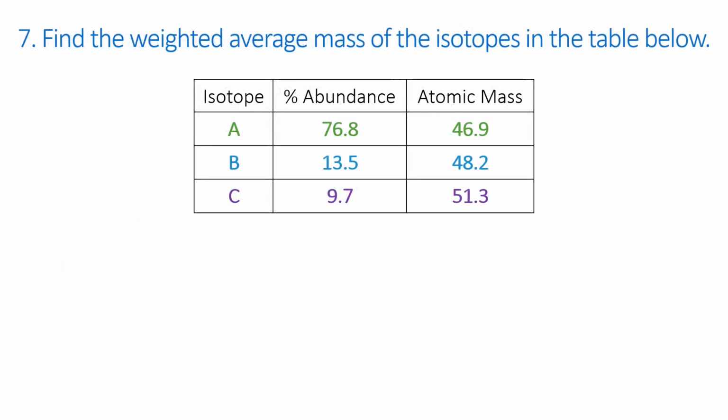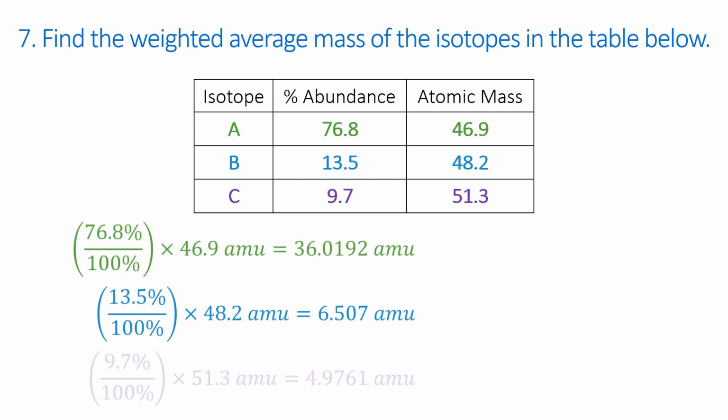Now in the next one, this is a little bit different because I didn't tell you what the element was. So that trick I just showed you where you can check the periodic table, it's not going to work if you don't know what element it is. So in this example, I've got 3 isotopes, A, B, and C. And I'm going to want to do the exact same calculation for all 3 of them. I want to know the product of the decimal abundance and the atomic mass.